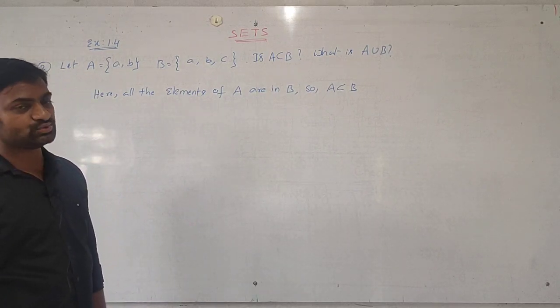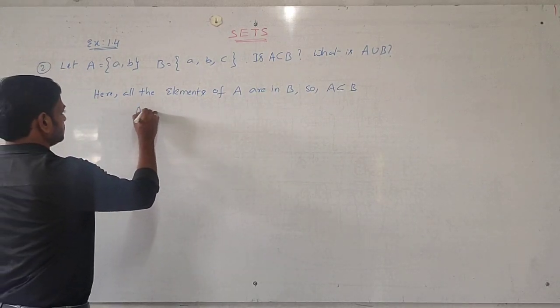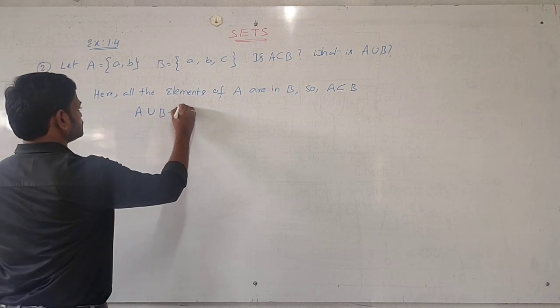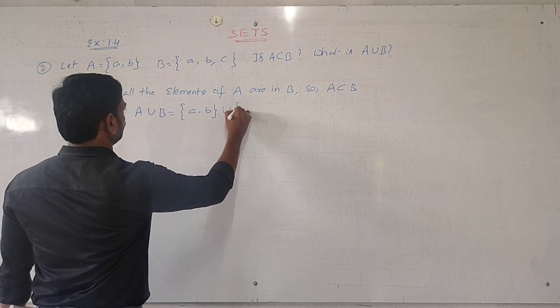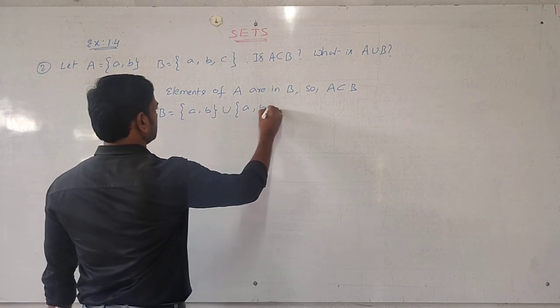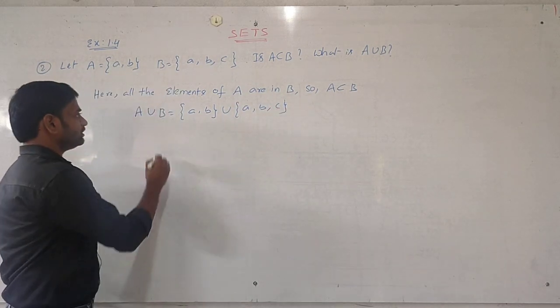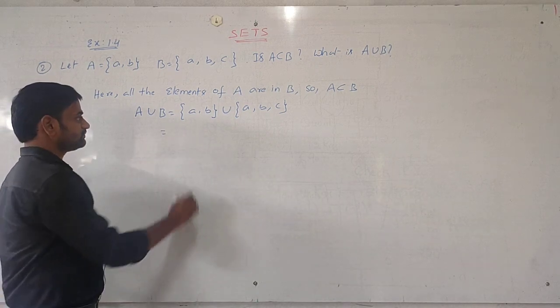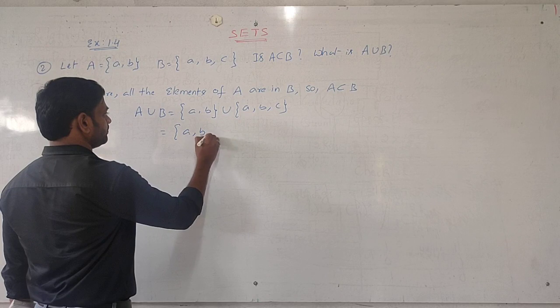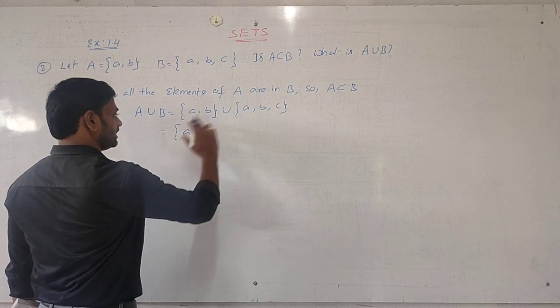Now, what is A union B? A is {a, b}, union B is {a, b, c}. What does union mean? Mixing of both elements. First a, b. Next after b, again a is there, don't write.